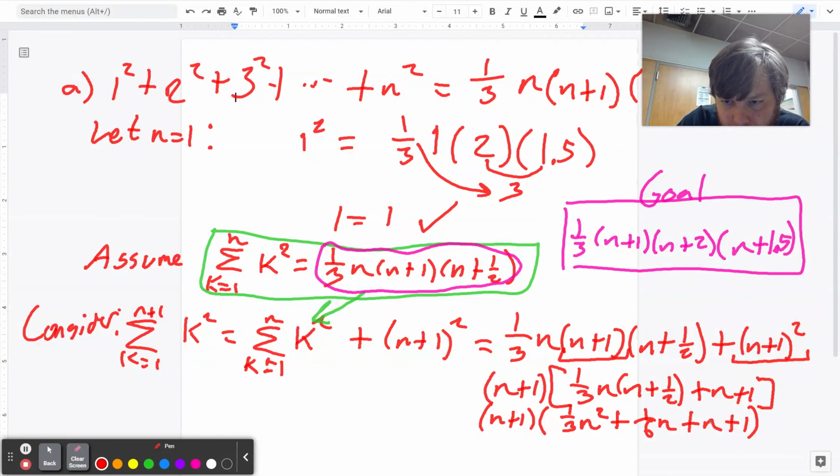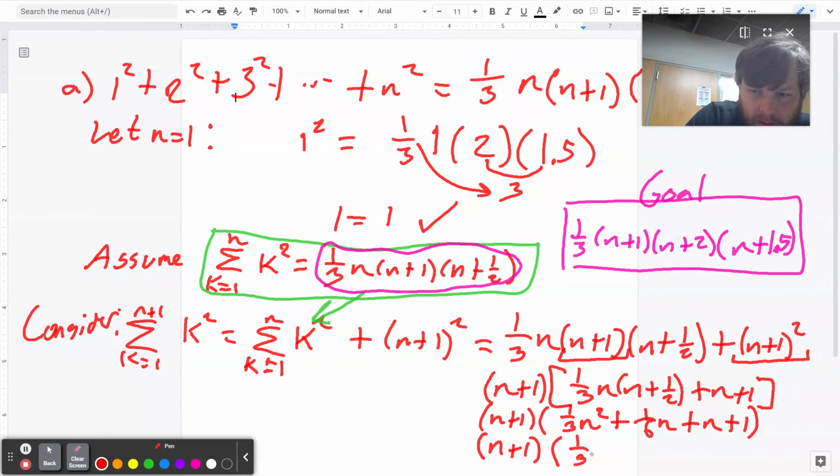Okay, that's a little weird, but we'll try to work with it. So then what we have is n plus 1 times 1/3 n squared plus 7/6 n plus 1.